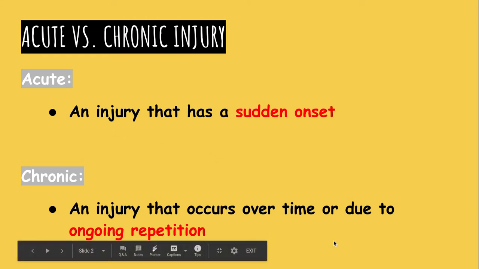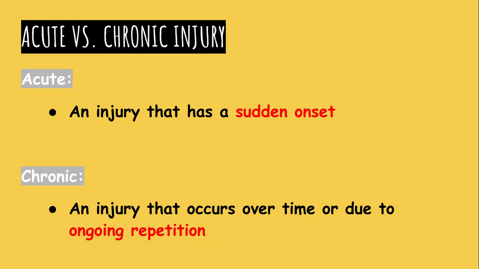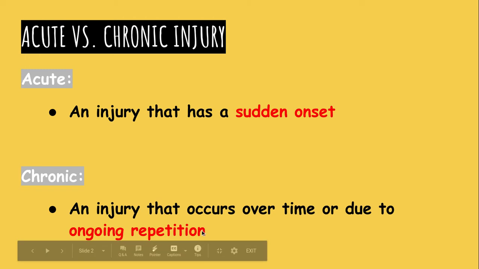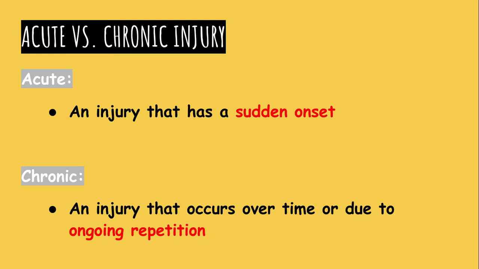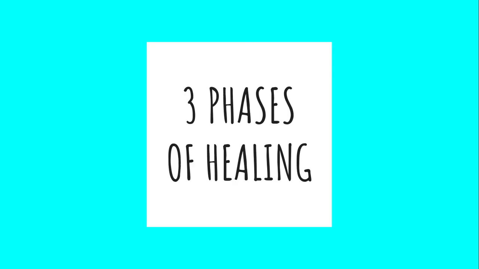However, if you keep spraining it, then that can turn into a chronic injury. Things like tendonitis, which is inflammation of your tendon, typically don't occur right away. It's something that takes time to develop, so that's going to be a chronic injury as well. So just know your acute is something that's going to happen right away. Your chronic is something that usually takes some time to turn into an injury or condition.